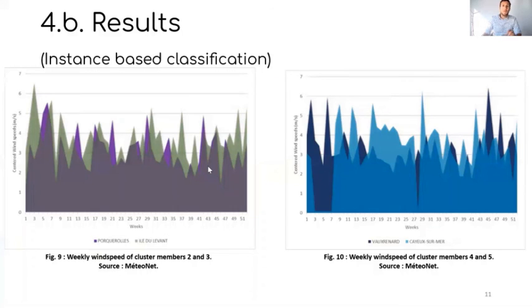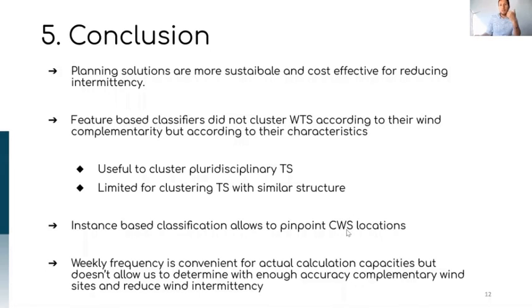To verify it, we chose a few individuals of the second and third cluster, but also the fourth and the fifth cluster. And here we can see that there is overlapping in different times of the year and for both clusters. In summary, to reduce intermittency, we would like to explore other ways than the technological solutions, which are rather costly.